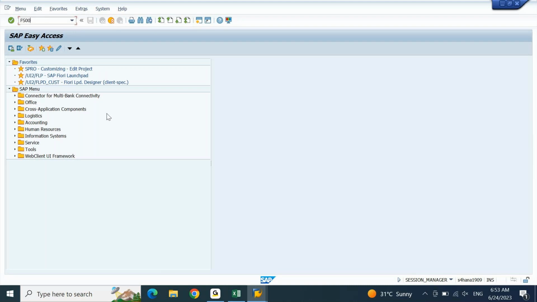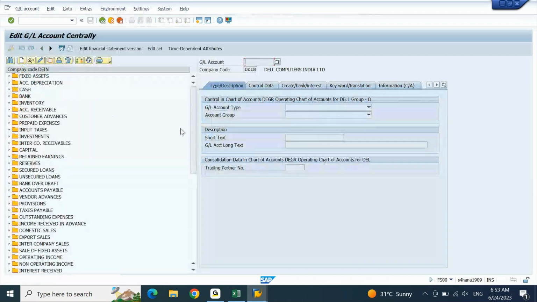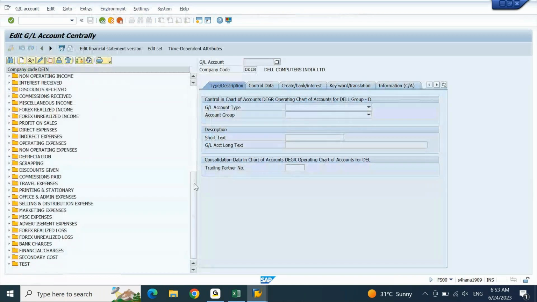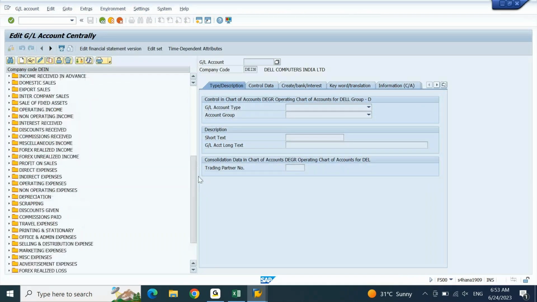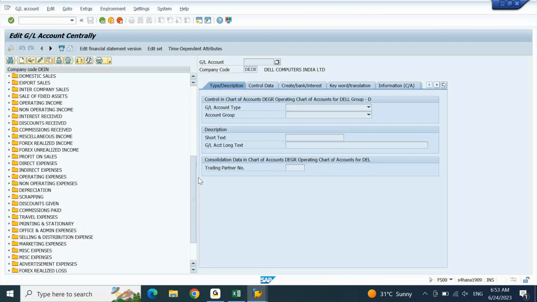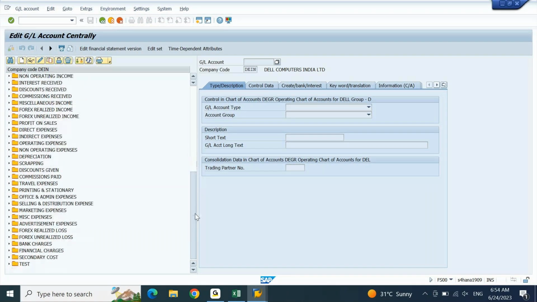FS00. For this zero balance splitting, you need to create a GL account in the migration account, in short, your technical GL account series. Where do we have technical migration accounts?